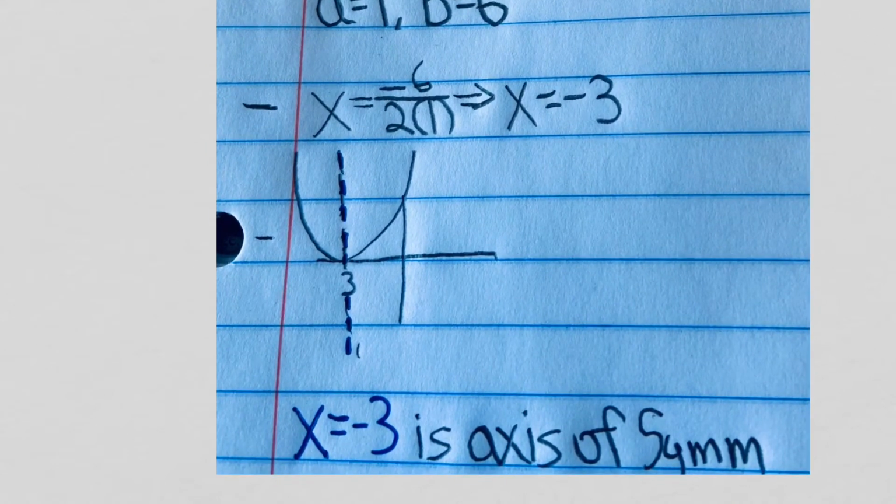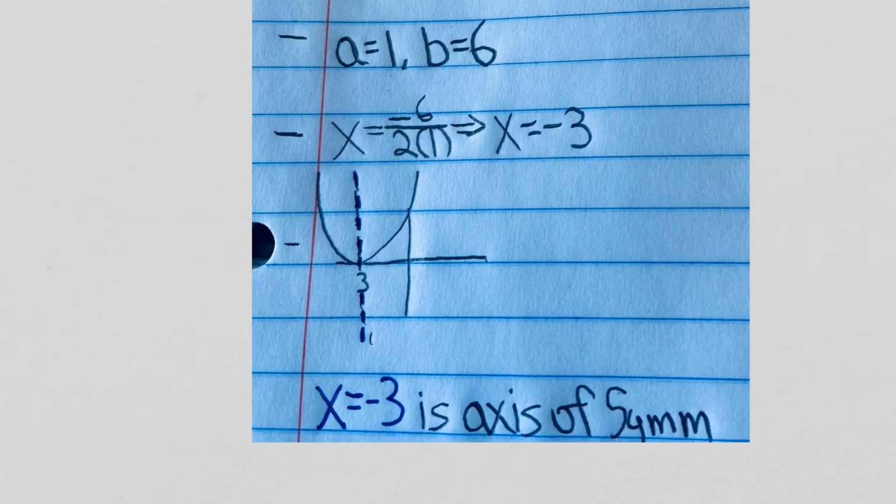And so the axis of symmetry is going to be at negative 3. These values and these values are going to be equivalent. The y values in this case are going to stay the same, but the x values on this side are going to be negative.